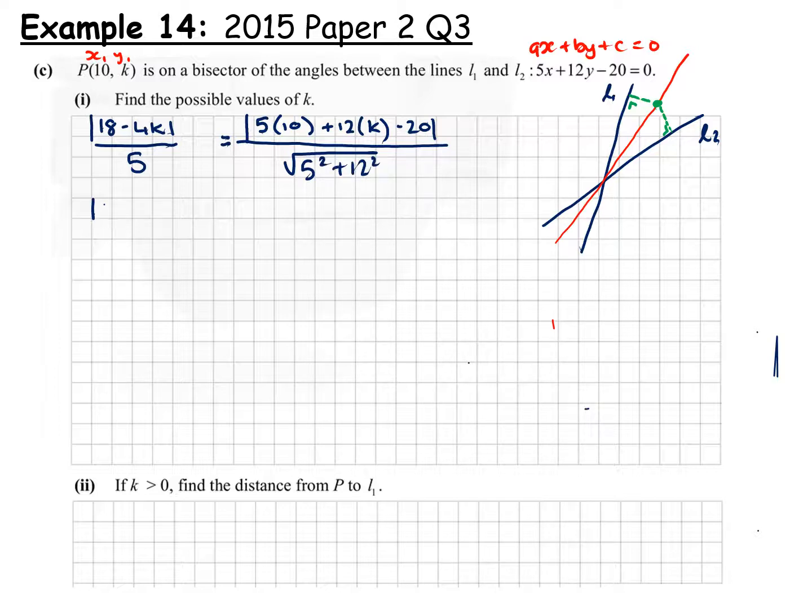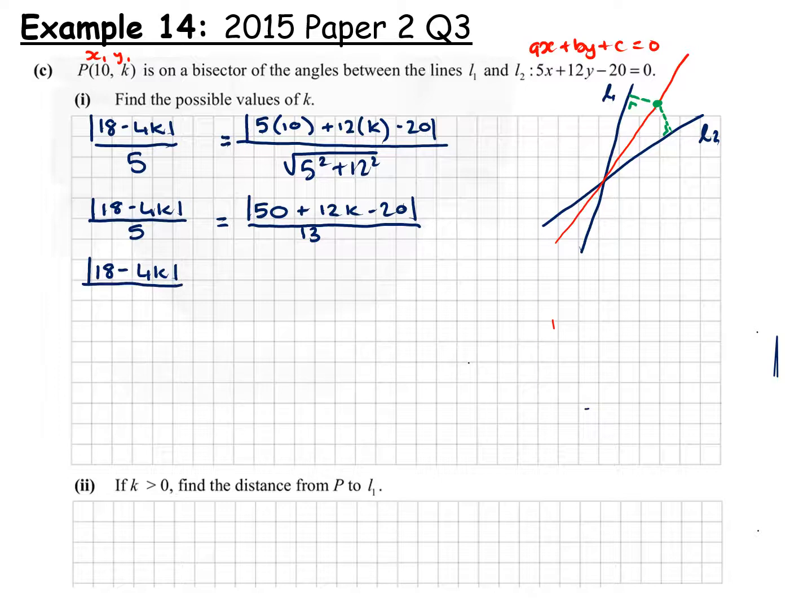Let's clean that up. I get 18 minus 4k over 5 is equal to 50 plus 12k minus 20, and the square root of 5 squared plus 12 squared is 13. Cleaning that up, 18 minus 4k over 5 is equal to, in this case, 30 plus 12k over 13.